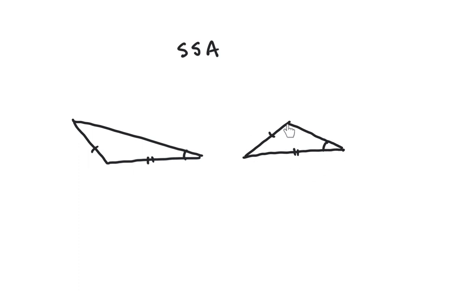So it really has to do with the fact that this leg can sweep out and you can still draw the triangle. If you basically put a dotted line along this and just swept this out till it intersected, you would have two sides that are the same and that non-included angle, but they're two completely different triangles. So this is not a way to prove congruence. The only way to do it with two sides and an angle is if the angle is in the middle.